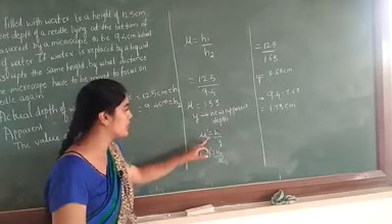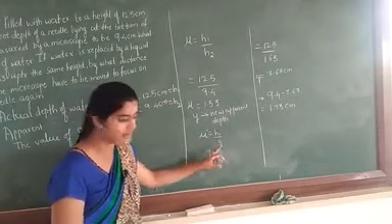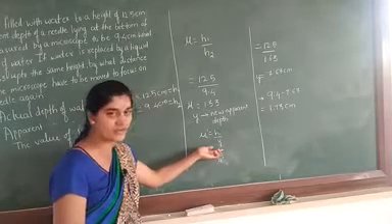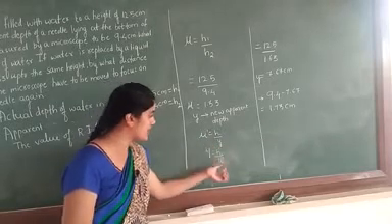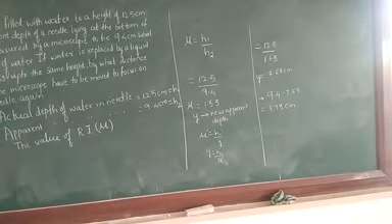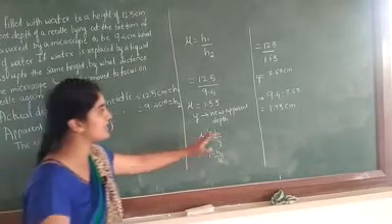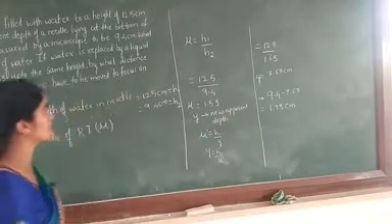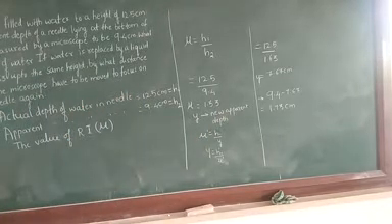Therefore the formula is mu dash is equal to H1 by y, so y is equal to H1 by mu dash, where mu dash is given as 1.63. Put all the values and we get y is equal to 7.67 centimeter.